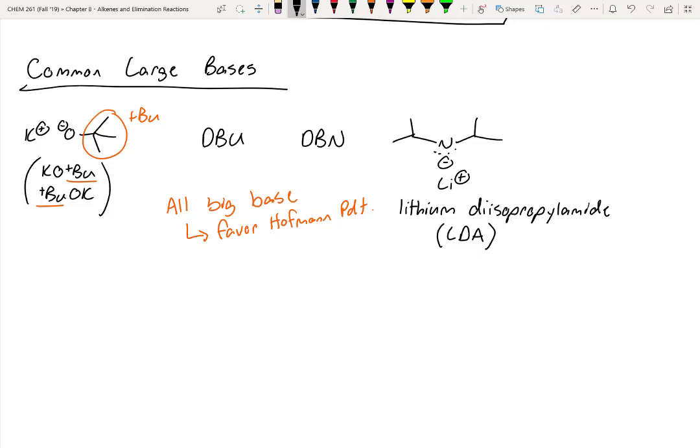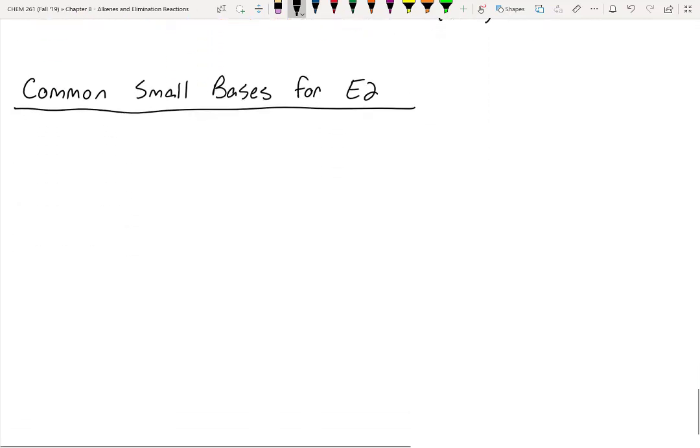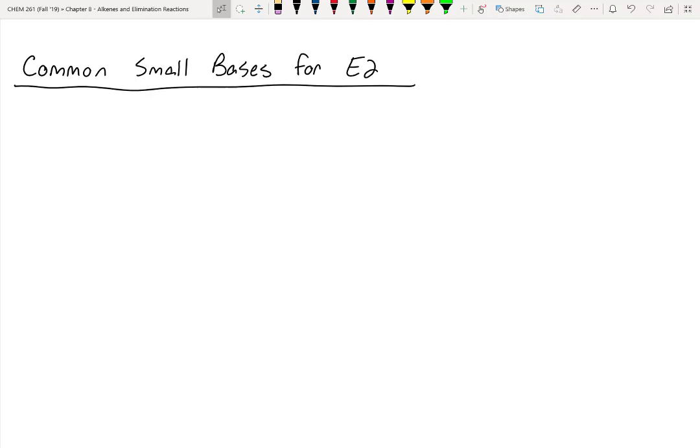All right, let's take a look at common small bases for E2. We could do hydroxide. We could do methoxide. All of these could have sodium along with them as a countercation. I'm kind of leaving that out now. We could have ethoxide.